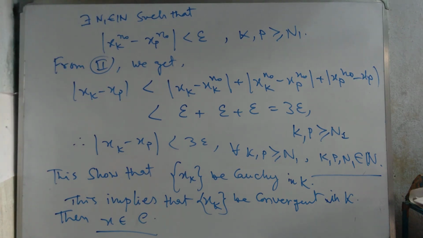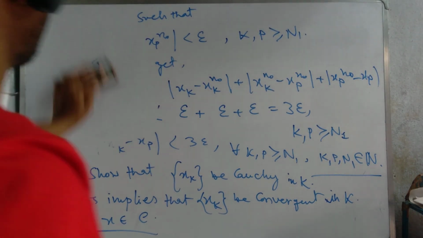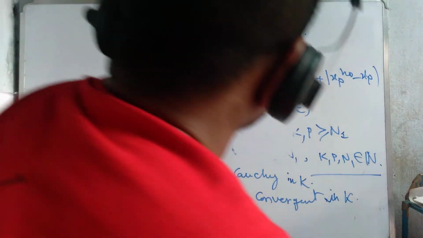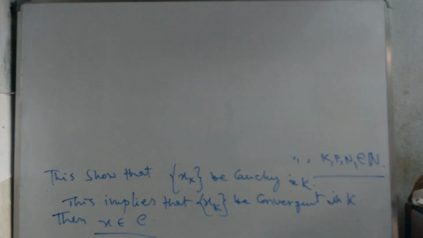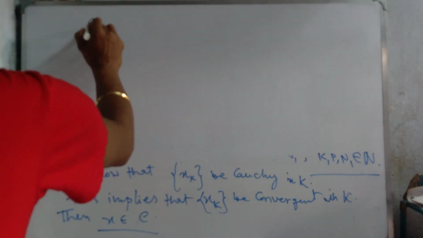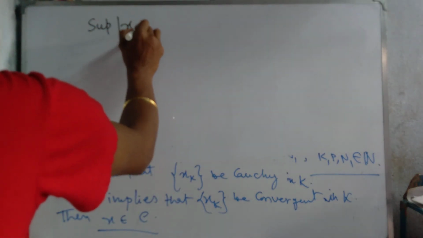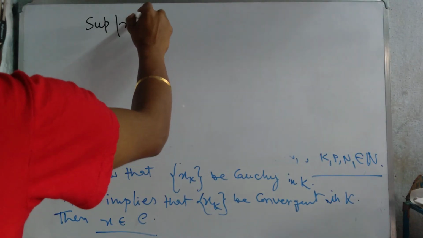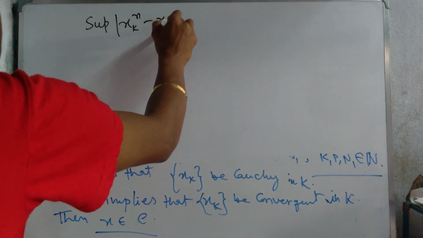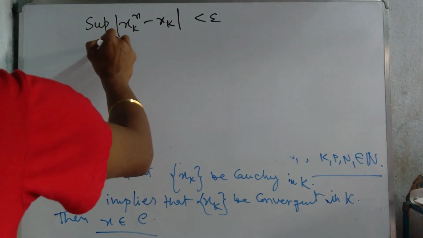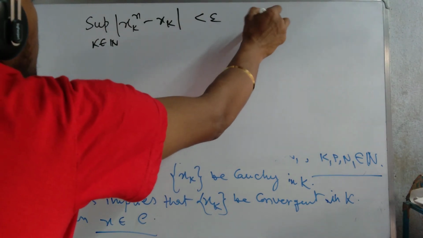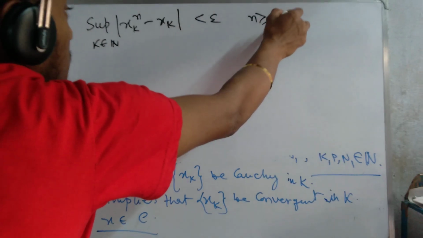Now we write again. Supremum over k of |x_k^(n) minus x_k| less than epsilon for k belongs to the natural numbers and n greater than or equal to some n0.